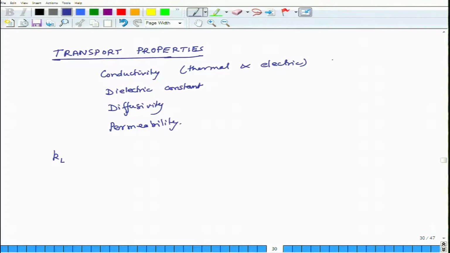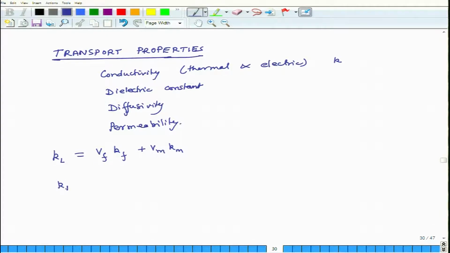Conductivity is K. So, K L, which is the conductivity of the composite in the longitudinal direction, is pretty simple. It is V f K f plus V m K m, where V f and V m are volume fractions for the fiber and matrix respectively.